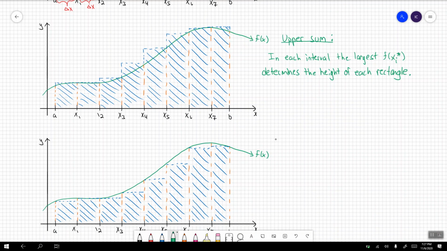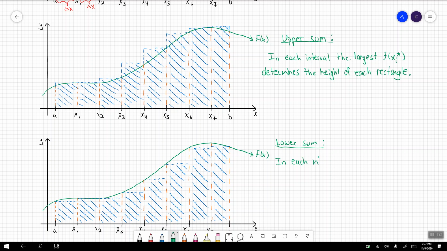Similarly, we can have lower sums. These lower sums are very similar to the upper sums. However, when we want a lower sum approximation, we go to the interval and we identify the smallest f of x value that is produced on that interval, and that creates our height for the rectangles. So let's write that up.